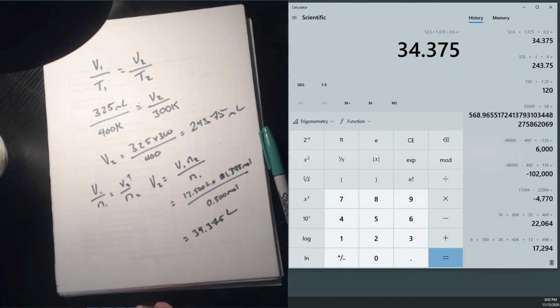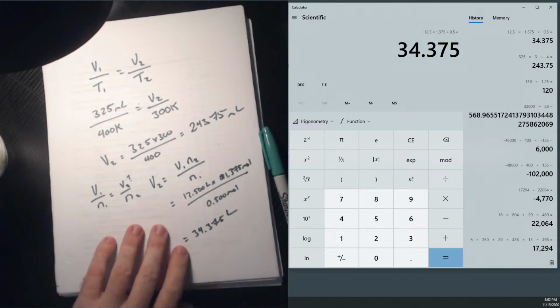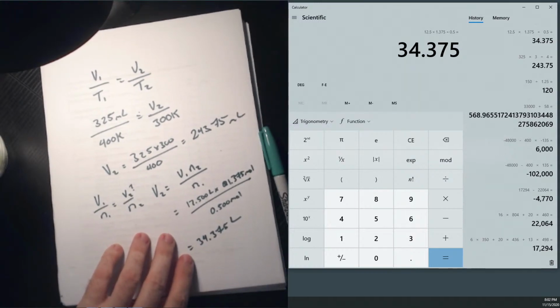And yes, gases really do take up that much space. One of the things Avogadro discovered was that 1 mole of gas occupies 22.4 liters of space at atmospheric pressure and room temperature, under standard conditions, in other words.